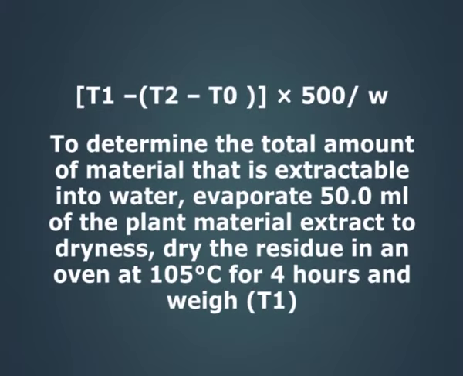To determine the total amount of the material that is extractable into water, evaporate 50 ml of the plant material extract to dryness. Dry the residue in an oven at 105 degrees centigrade for 4 hours and weigh. This will be T1.